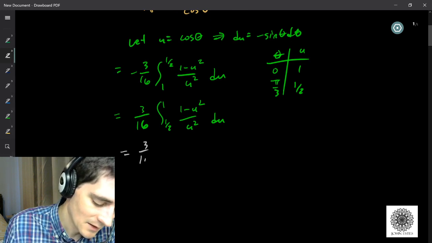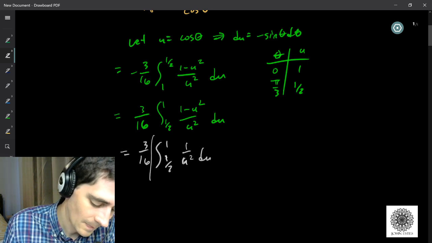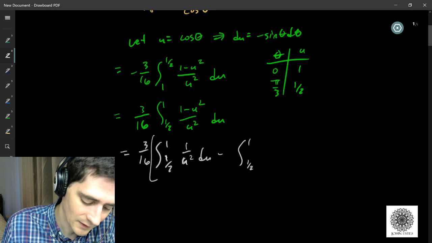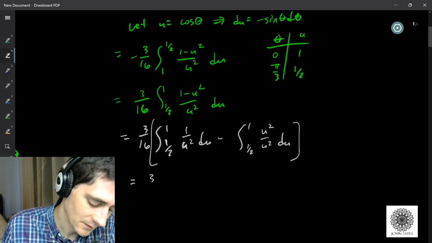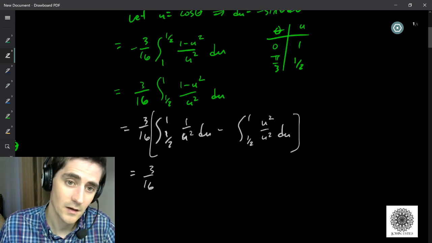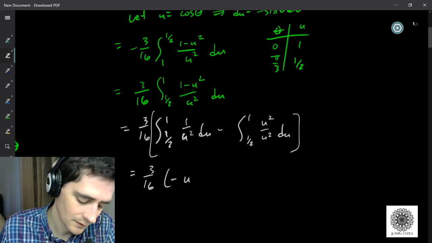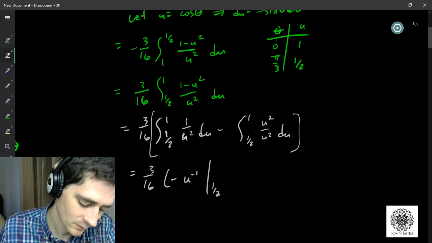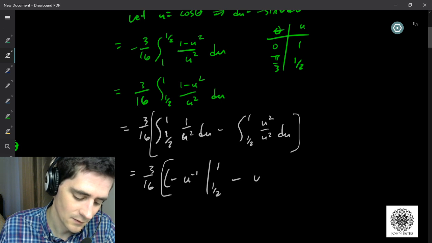So how do you integrate that? Well, let's break it up into two integrals. Since we have a common denominator, that's going to be 1 over u squared du minus the integral from 1/2 to 1 of u squared over u squared du, which is just the integral of 1. Okay, so now we have 3/16. The integral of 1 over u squared is u to the negative 2 power, so that's going to be negative 1 u to the negative 1 going from 1/2 to 1, minus the integral of 1, which is just u going from 1/2 to 1.